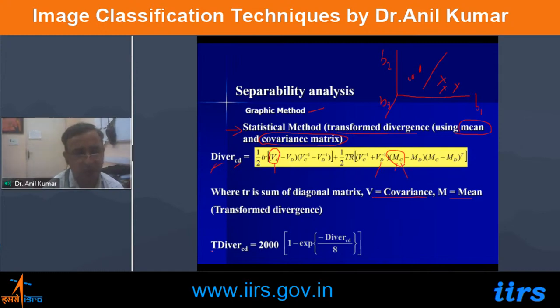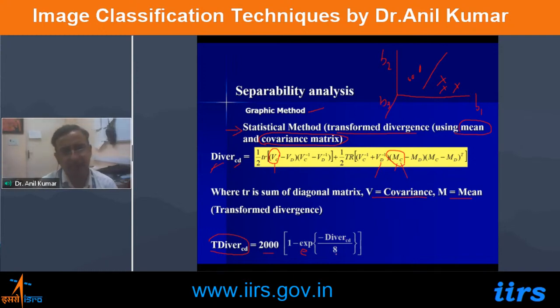Here it talks about transform divergence is equal to 2000 multiplied by, in the brackets, 1 minus exponential, that is E, basically E to the power minus DIVR divided by 8.